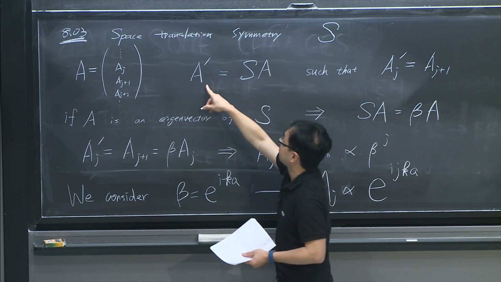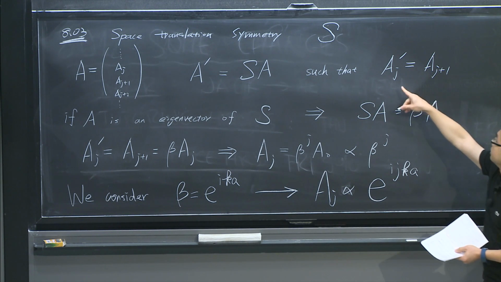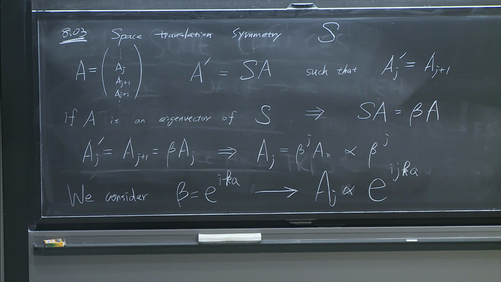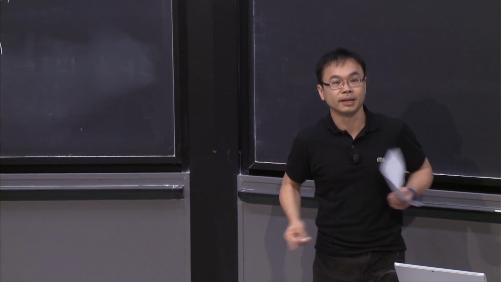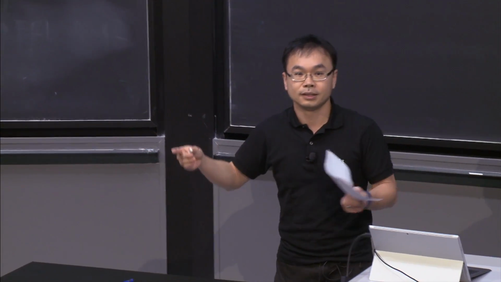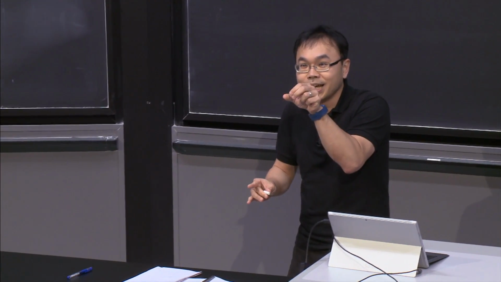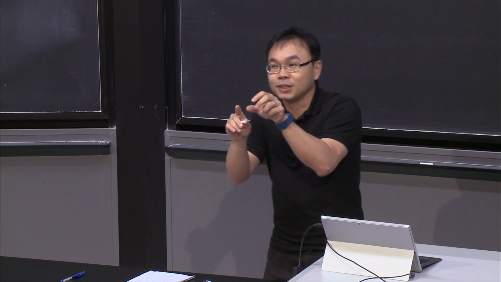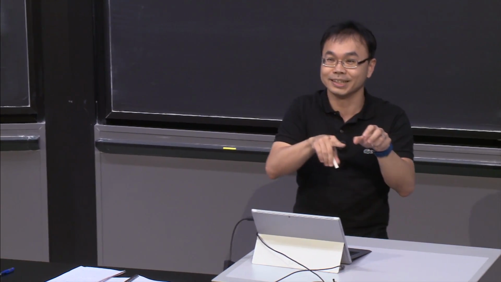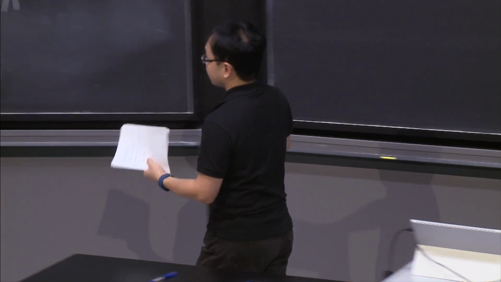If A prime equals S times A, then the j-th component of A prime will be equal to A_{j+1}. You can think about the S matrix as an operator. It picks up the A_{j+1} component and moves it to A_j in the new vector. That is what the S matrix does.